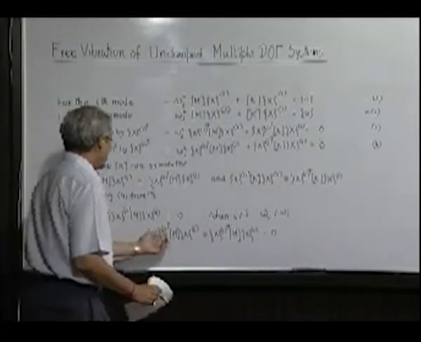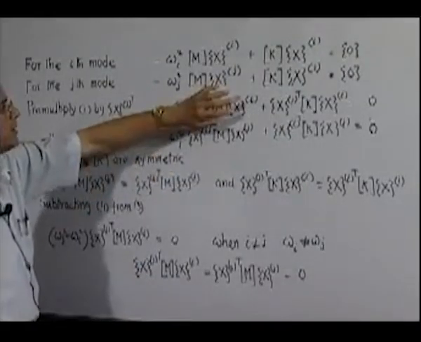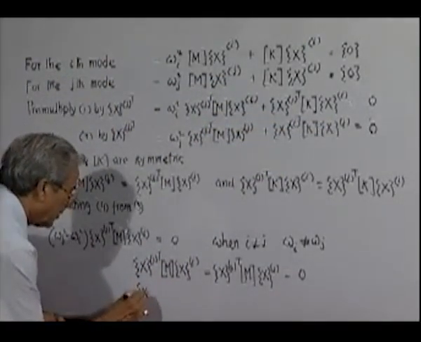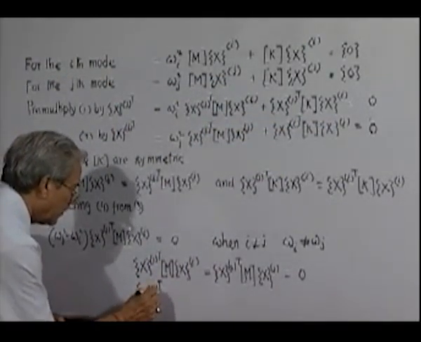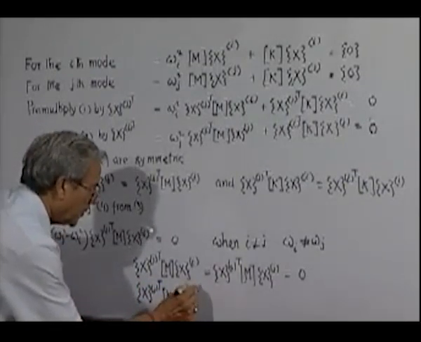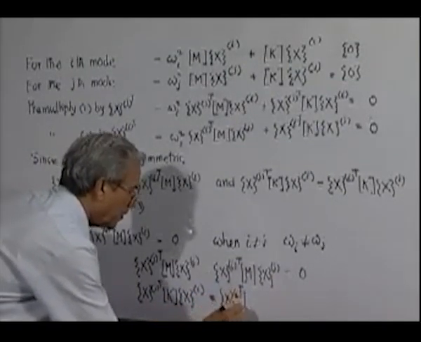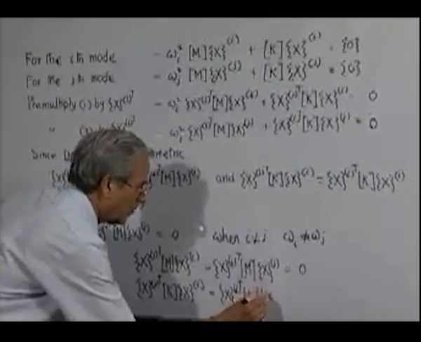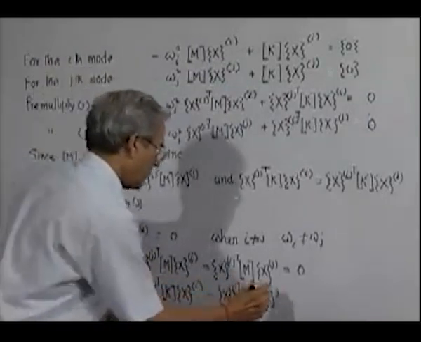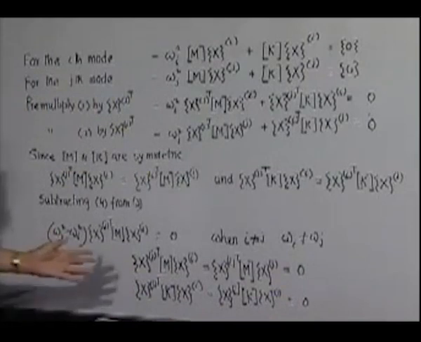Now, if this is 0, this term is 0, then this has to be also 0. So, it follows that x j transpose K x i is also 0. So, this is a very special and important property.